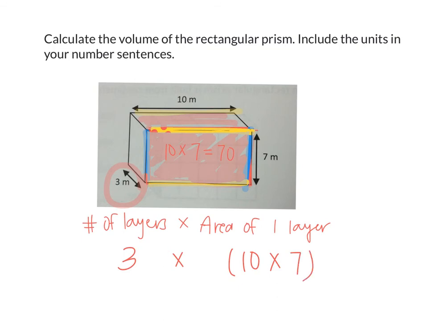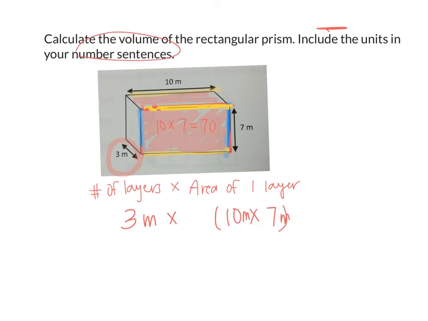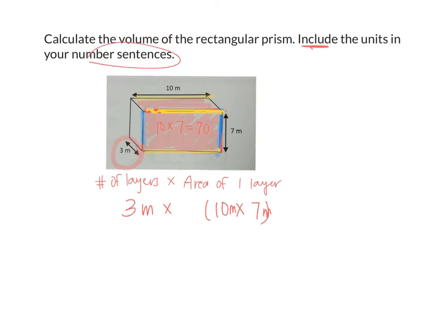Okay. Now be careful. It says include the units in your number sentences. So we need to write that as 3 meters times 10 meters times 7 meters. Okay. So that's the same thing as we just said as 3 meters times, what's 10 times 7? 70. But what kind of units do we need?